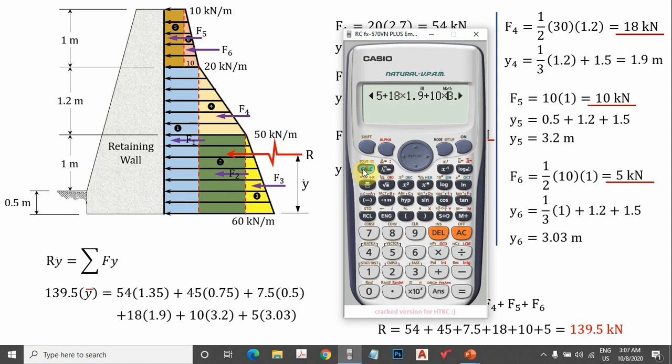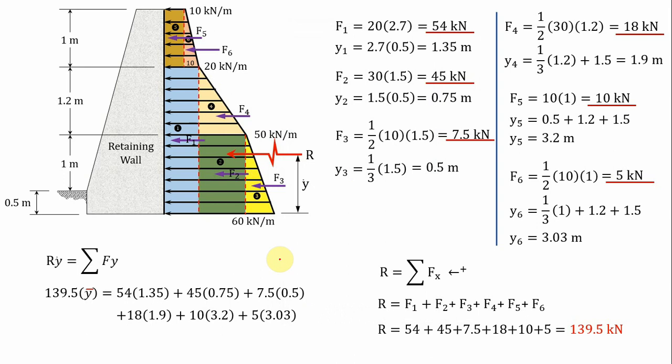So shift, calculate. And then our answer is 1.375 meter. So our bar Y is 1.375 meter, and that is our final answer.